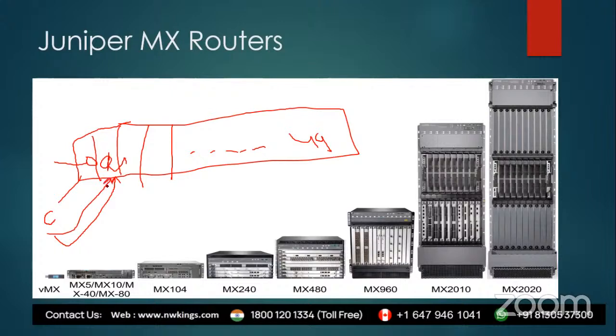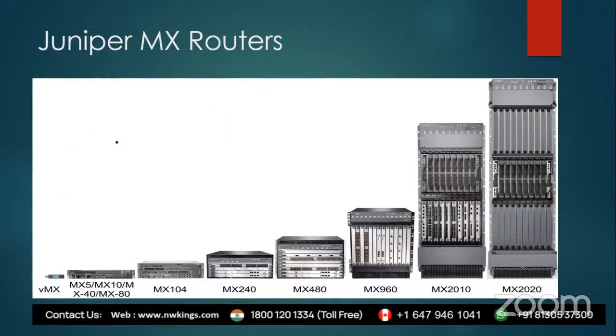Understood? So again, if you make a change, it will go to block 1 only, however the existing block 1 configuration moves to block 2. So 1 to 49 will always be active configuration blocks, and block 0 is the candidate.